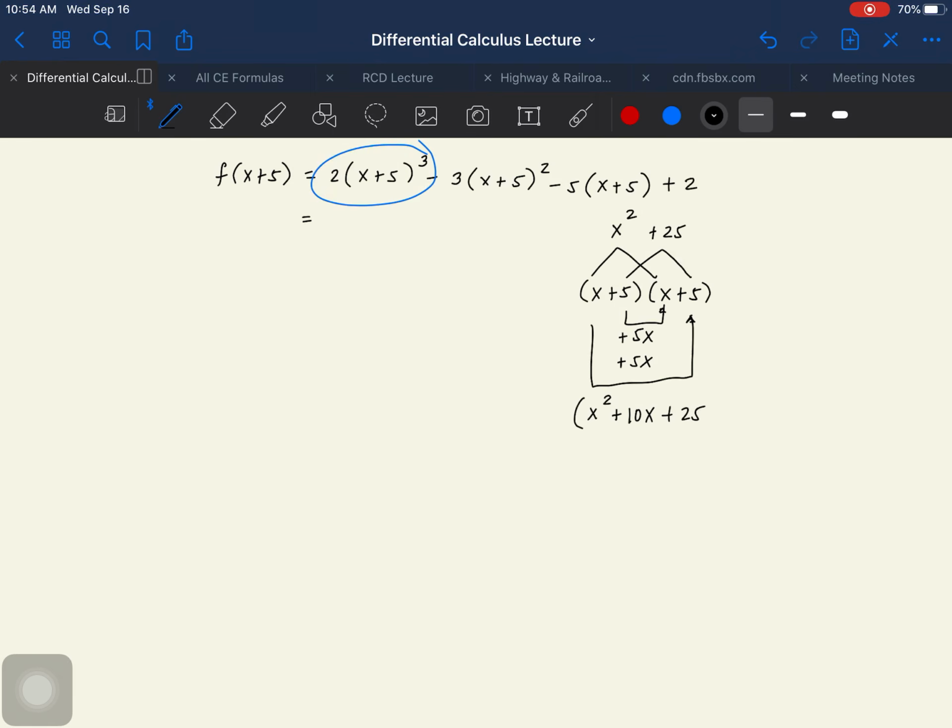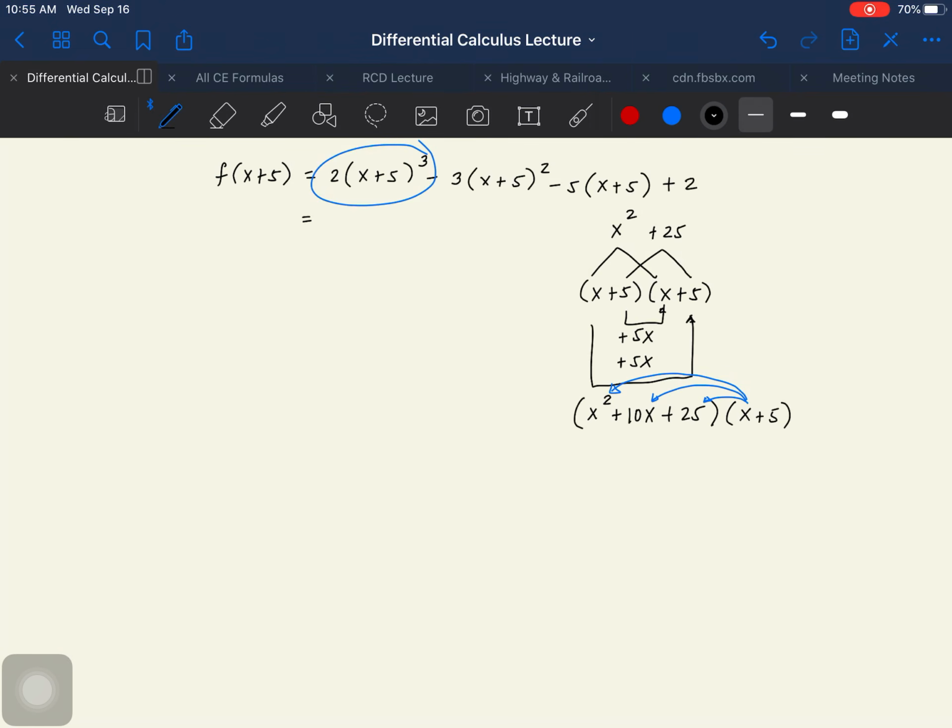So the value here is taken and this is to be multiplied with x plus 5. What will happen with this one? We will be using the distributive property. So we'll multiply x first with every term in the equation.